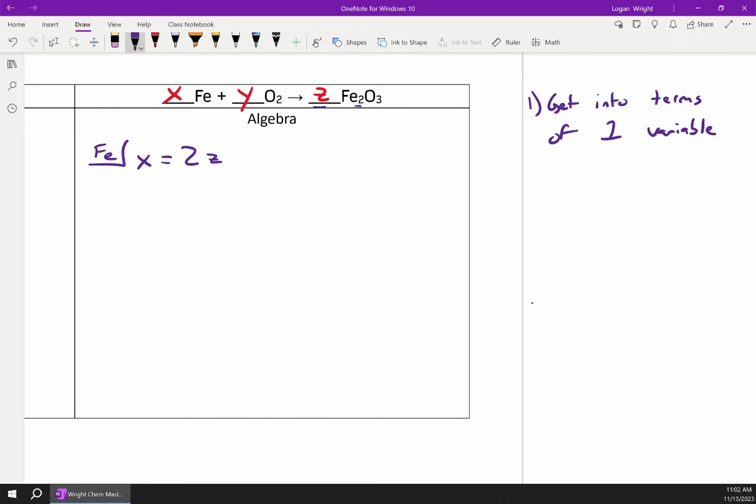So I currently have a total of X irons on the left. I currently have a total of 2 times Z irons on the right. And those two numbers will ultimately have to equal one another. If X equals 2Z, then I can get rid of X and have 2Z be in its place.